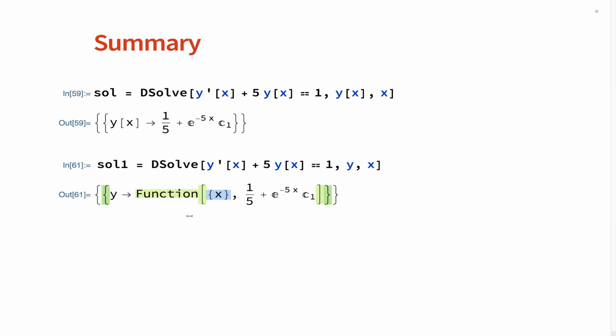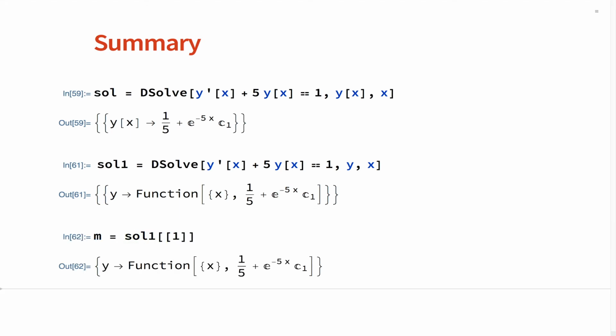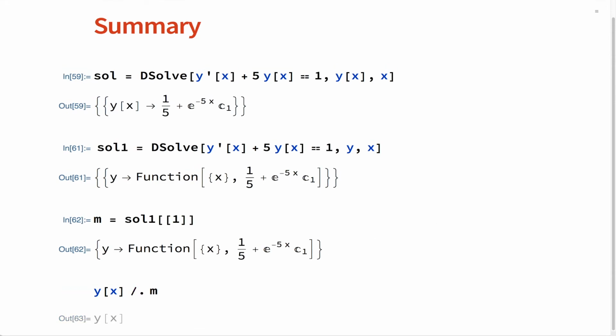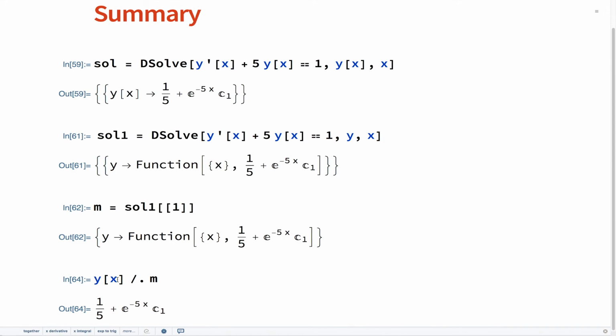So maybe I want to take the first part of this solution, and then I can use it as y[x], and then I can use it for y'[x], or I can use the initial value conditions for that. So I can get y[x] from here.